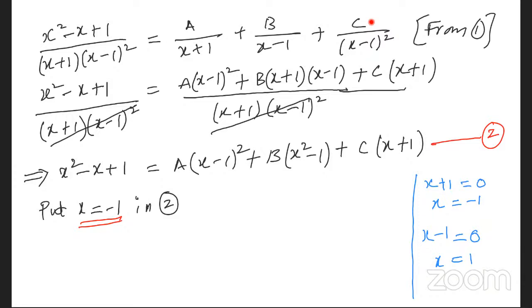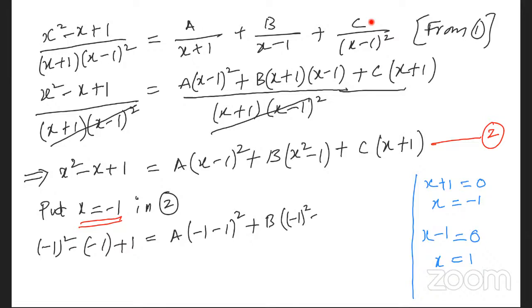Minus 1 whole square minus of minus 1 plus 1 is equal to a into minus 1 whole square plus b into minus 1 whole square minus 1 plus c into minus 1 plus 1.